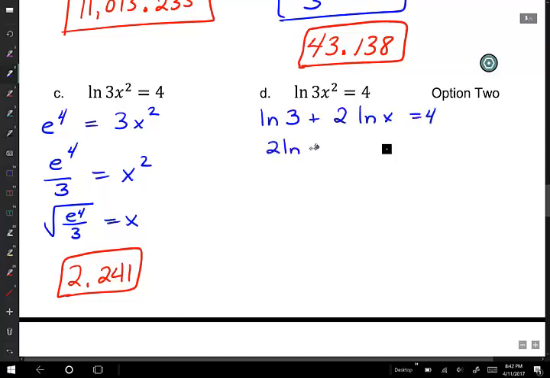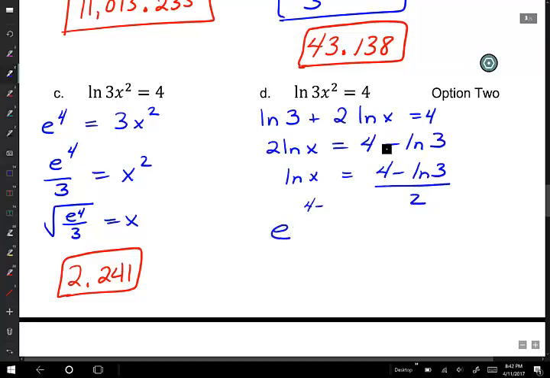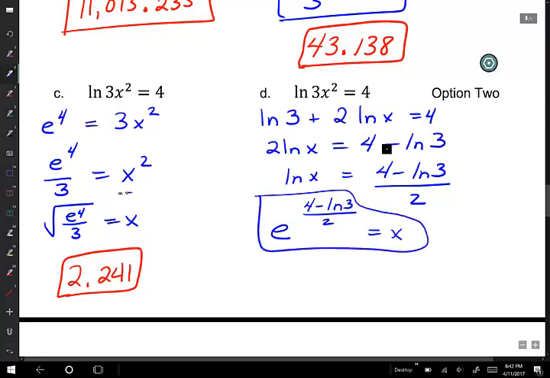Therefore, if we're trying to isolate the natural log of x, that would equal 4 minus the natural log of 3. And the natural log of x would therefore equal (4 minus the natural log of 3) all over 2. So my answer would be e raised to (4 minus the natural log of 3) all over 2, and that would equal x. That would be another way to express the exact answer.